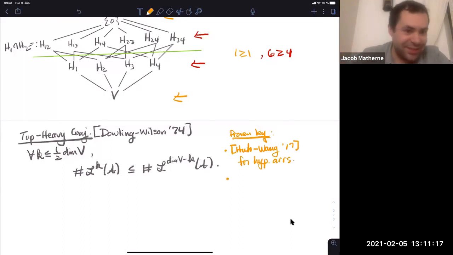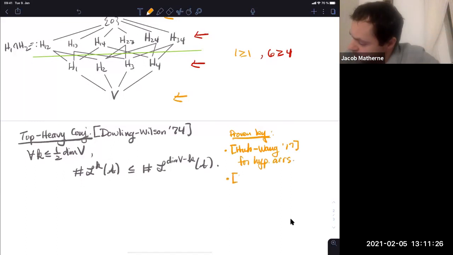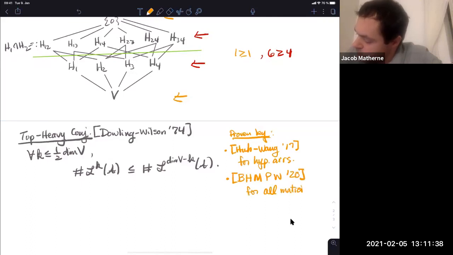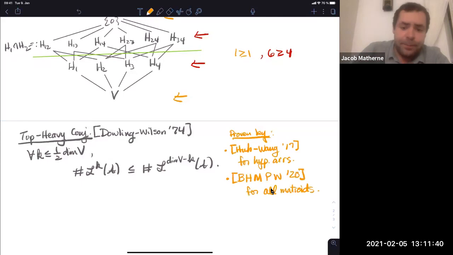A matroid has a lattice of flats, and it has a rank function. So you can ask this question: what is the shape of this poset? And this is what we prove: Braden, me, Proudfoot, Wang, in 2020. So this is for all matroids.